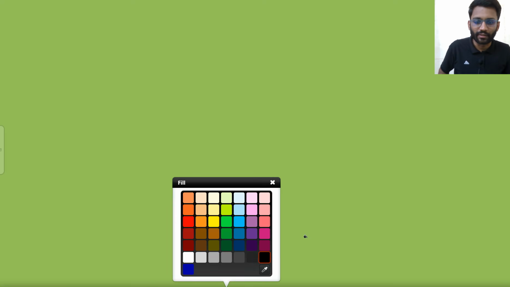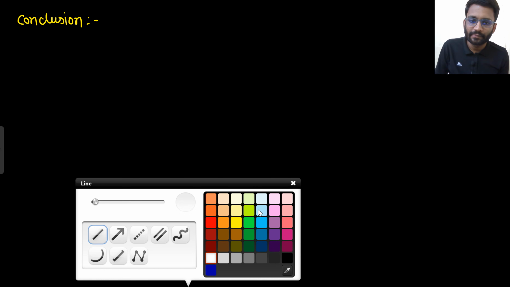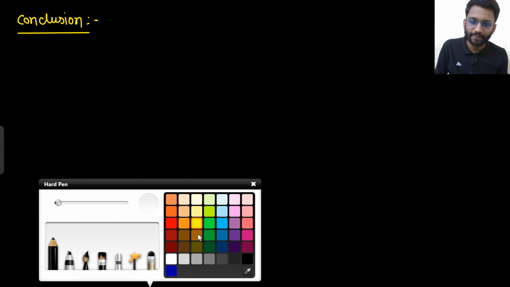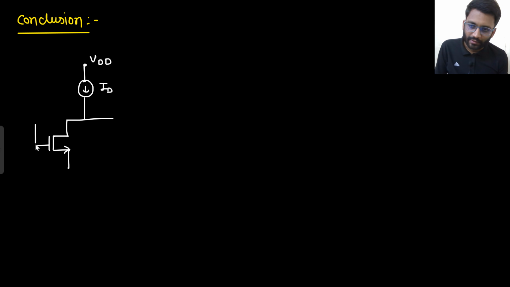So I will write down a conclusion. What is the conclusion? Let's assume this is a VDD. From here you are having a current source of some ID. Then there can be a lot of diode connected transistors.